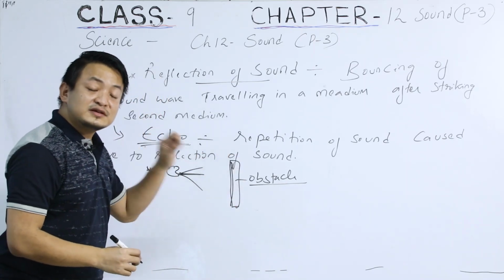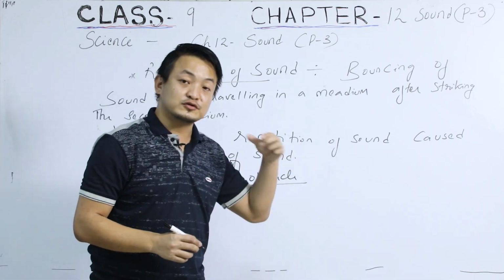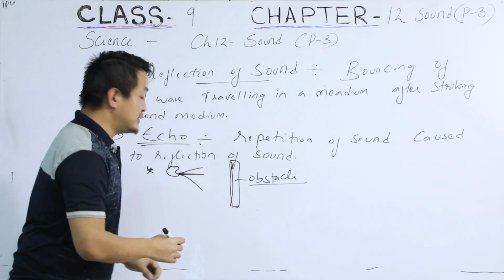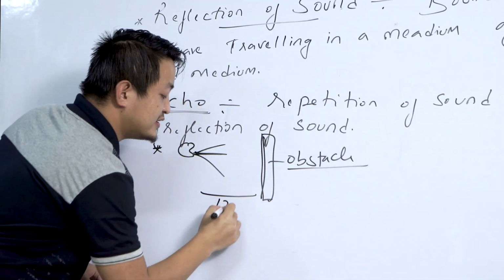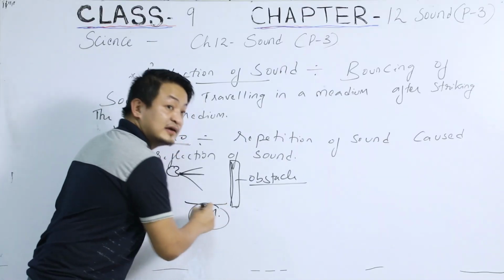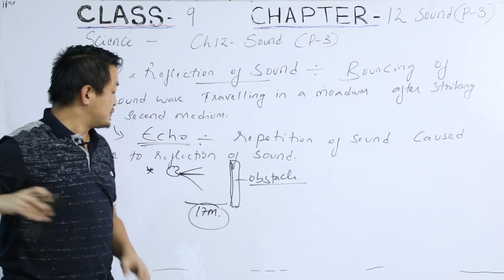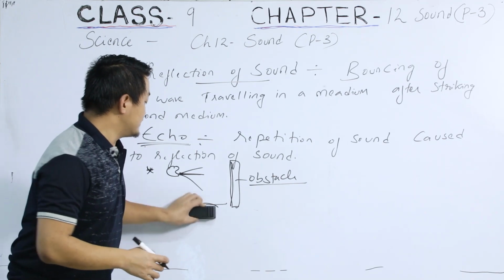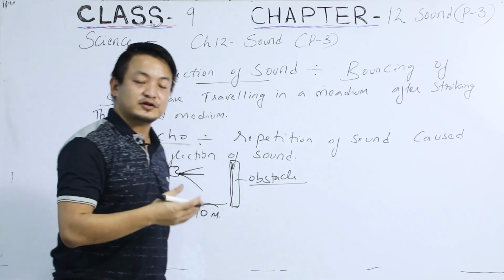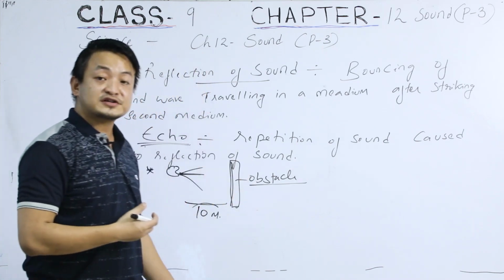The minimum distance for an echo to be heard should be 17 meters. Clear? Keep this in mind, 17 meters. Even if it's just 10 meters, you will not hear your own echo, you will not hear that sound reflection. Why?